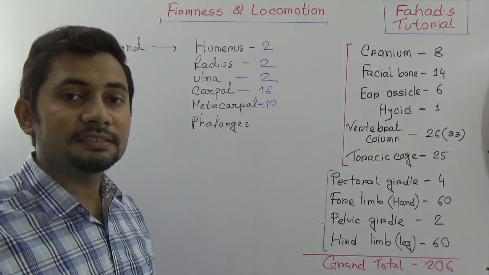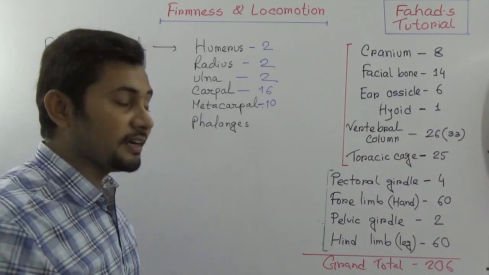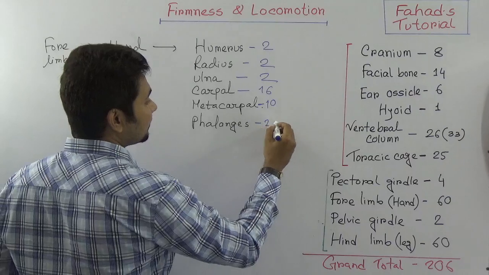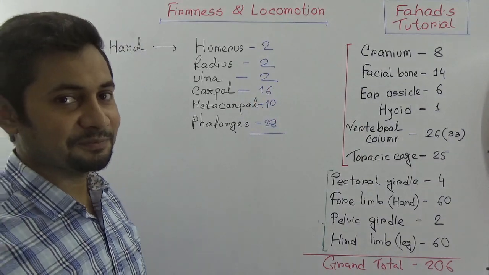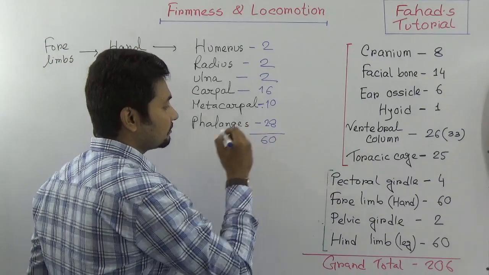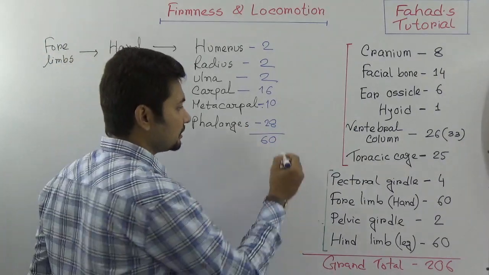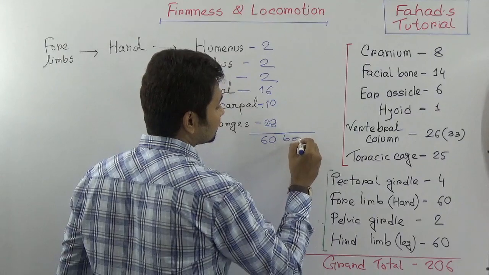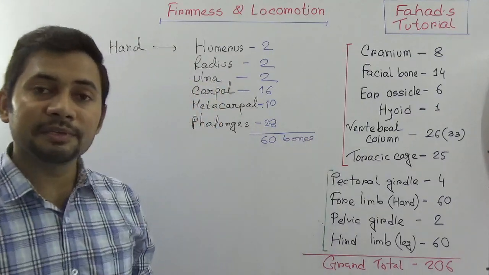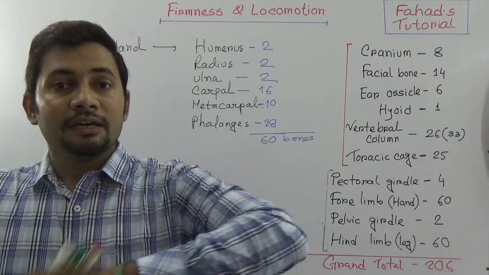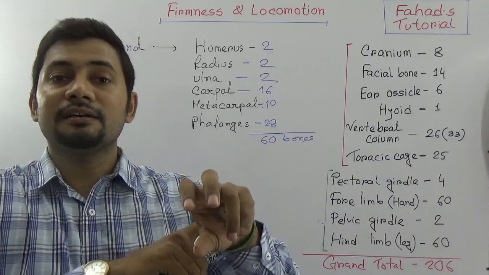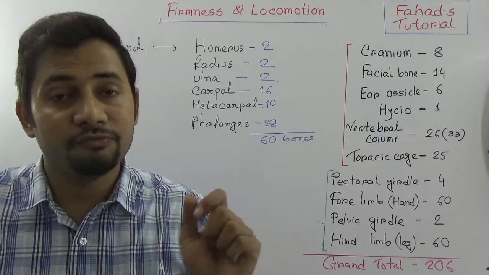And phalanges, 14 each hand, that is called 28. So if you count, we will find 60. So altogether we have 60 bones in our 4 limbs. So you can remember the names periodically and do not miss humerus, radius, ulna, carpal, metacarpal and phalanges.